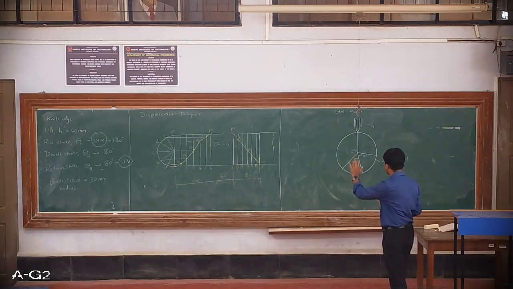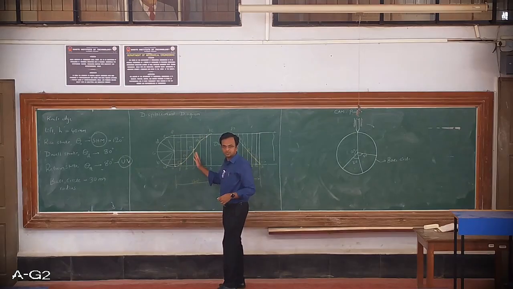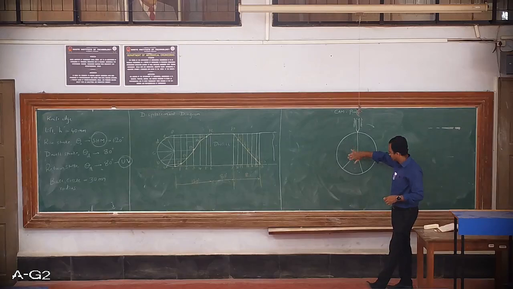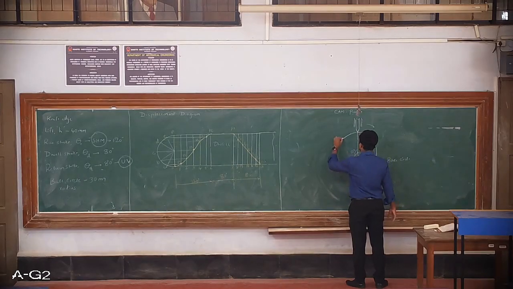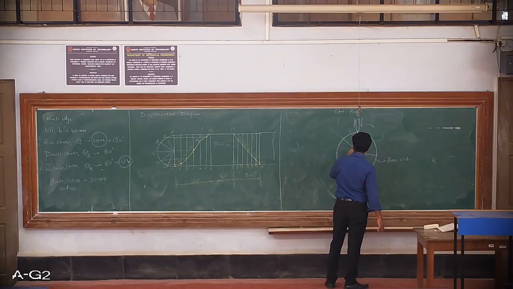What should be the next step? Just like in the displacement diagram, after drawing the rise and dwell strokes, we divided them into 6 parts. I'll repeat the same step here: I'll divide the rise stroke into 6 parts, and the return stroke again into 6 parts; dwell is not required. Remember, when you are dividing here, you have to measure the angle.